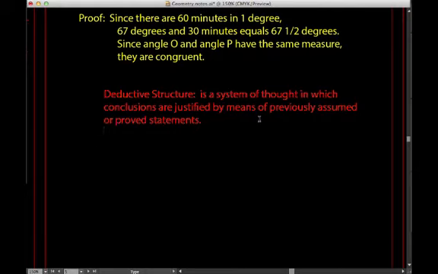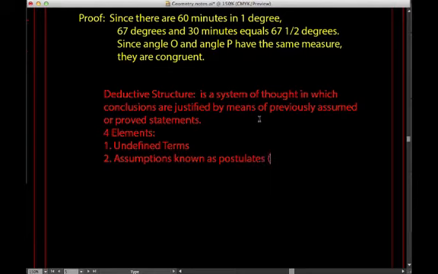I would say that this deductive structure really has 4 elements about it. 4 elements. And these can be classified as undefined terms and assumptions, or known as postulates.